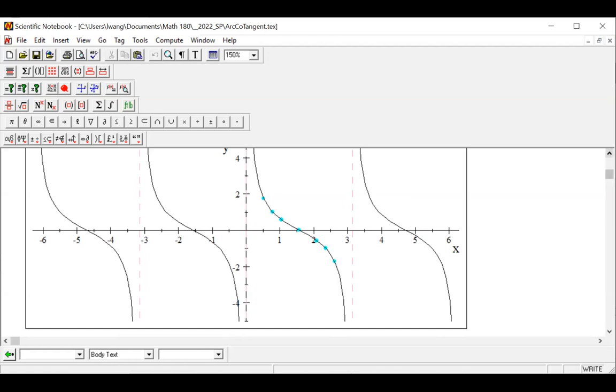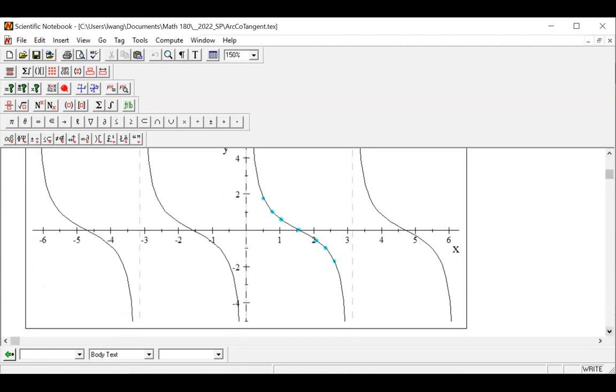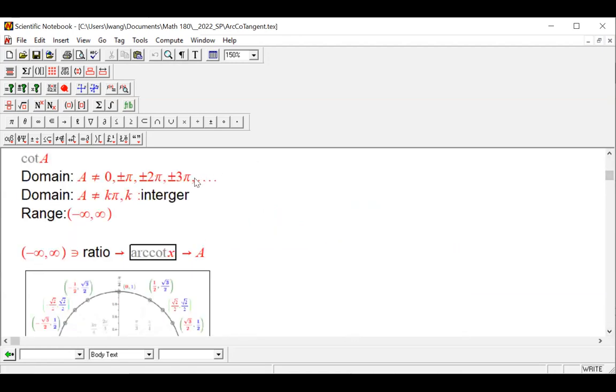And we figured out that the domain can be any real number, but, okay, cotangent, the domain can be any real number except multiples of pi.